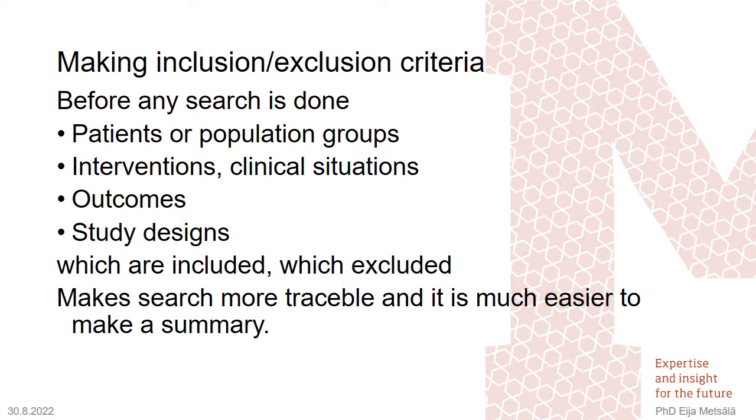Also, in the inclusion-exclusion criteria, we can define study designs and the time period we are searching for the studies for. And it is a good question, what is a good time period for searching for studies and putting the time period into inclusion and exclusion criteria.